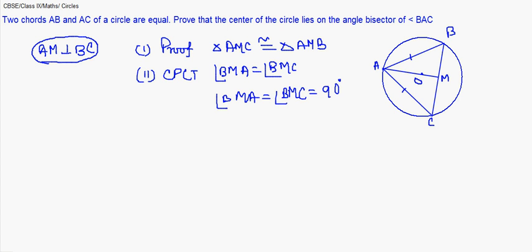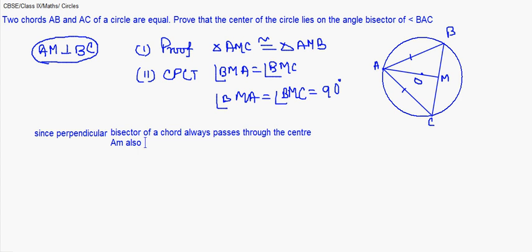Herein you can write, since perpendicular bisector of a chord always passes through the center, AM also passes through the center, right?